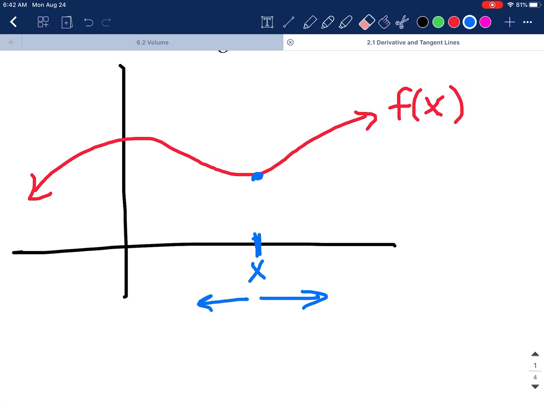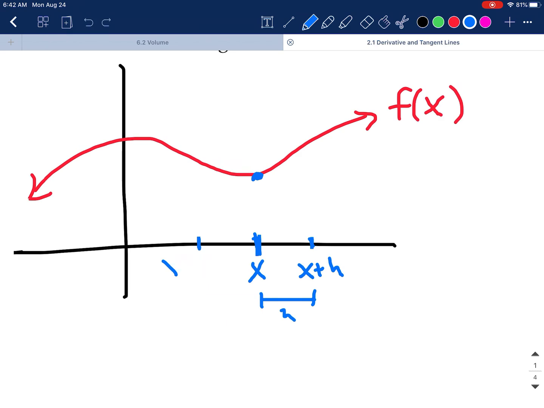Doesn't matter which way we do it, because in either case we're going to get the same slope variation. So if I pick a point to the right, I'm going to call it x plus h. So I'm going to add h. Just note h is this distance here. Or again, I could subtract h if I wanted to. And that would still be the same distance h.